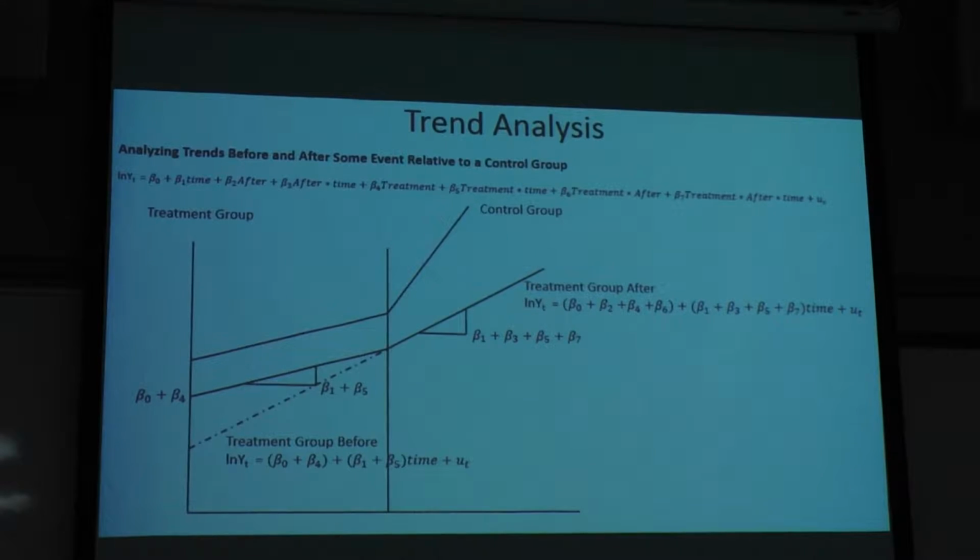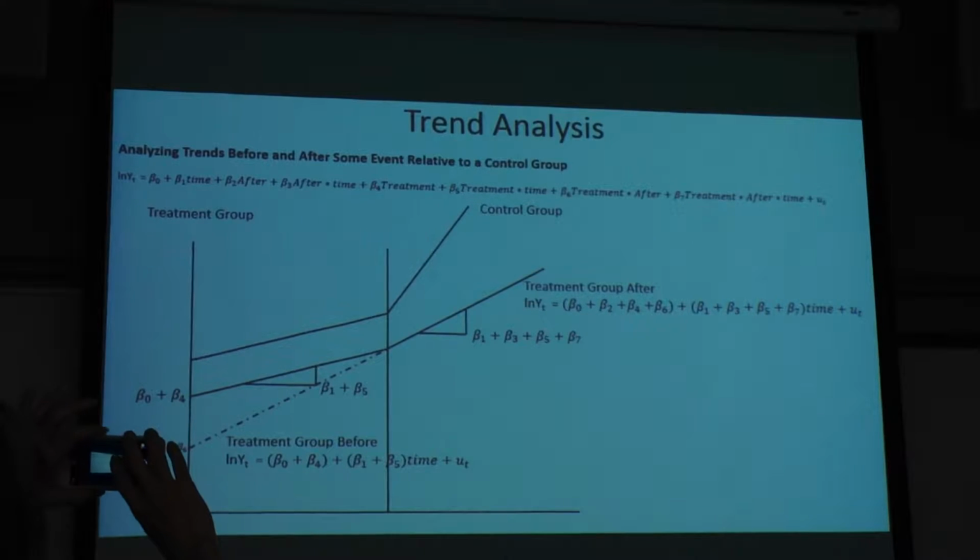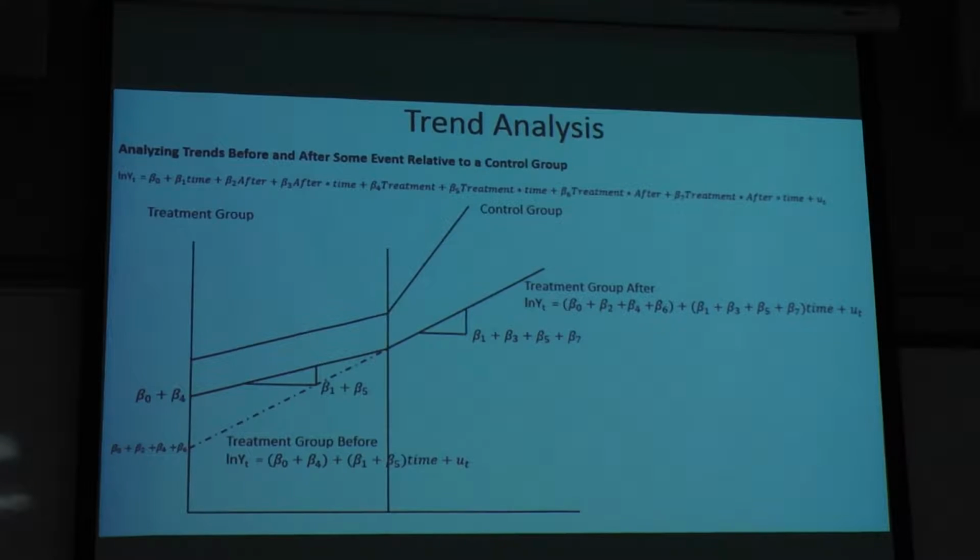And the intercept is beta 0 plus beta 2 plus beta 4 plus beta 6.